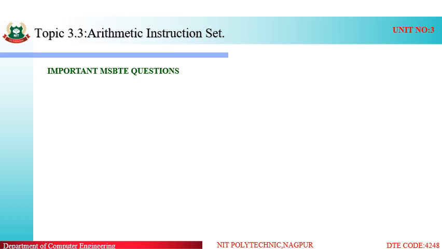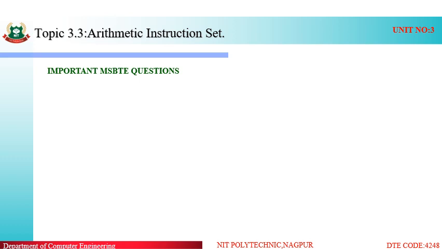Now two instructions are remaining, that is the BCD related instructions. That instruction we will cover when we go to the fifth unit, in which we will perform processing of the BCD number system, or we will write programs related to the BCD number system.